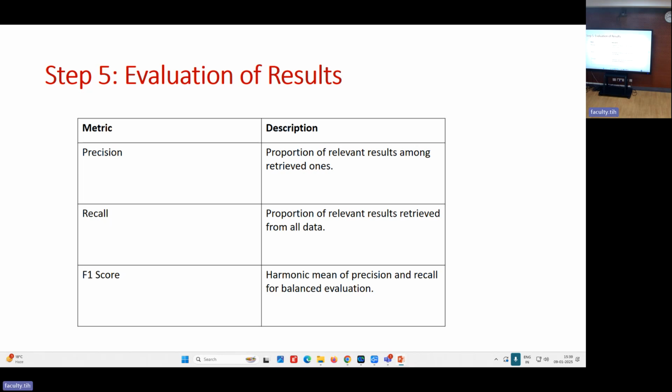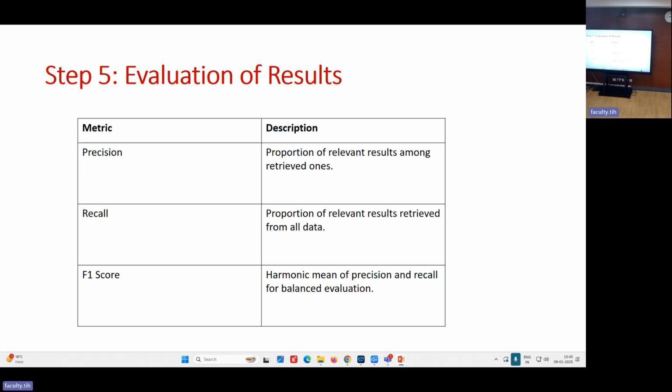You can note that down. So when you apply the value of beta as 1, the value of beta is equal to 1, then you will get the F1 score formula.